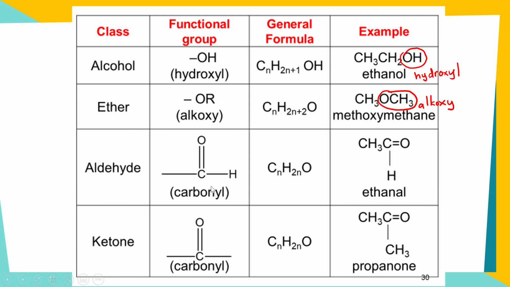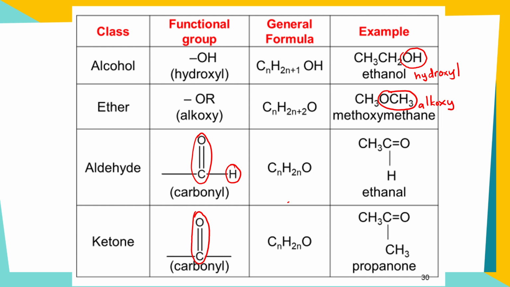Alright, and then we have carbonyl. If you look here, we have a carbonyl here and a carbonyl also here. The functional group is C double bond O, and it is similar for both. It will become an aldehyde if the atom next to the C double bond O is hydrogen. That is the class of compound, aldehyde.